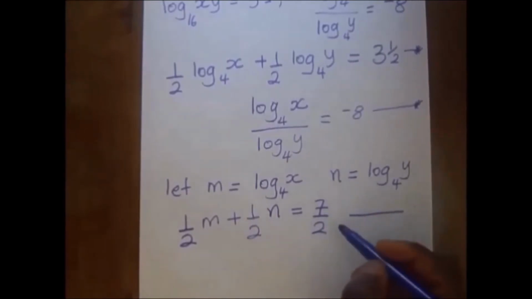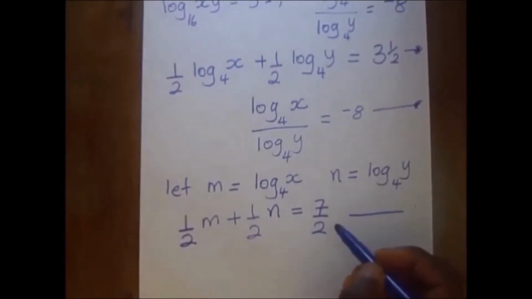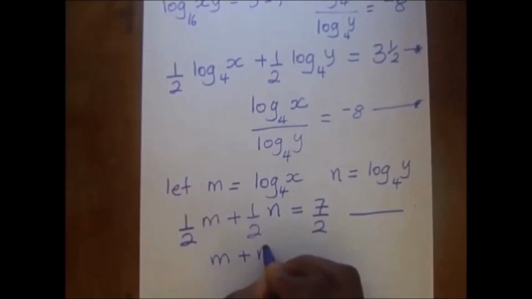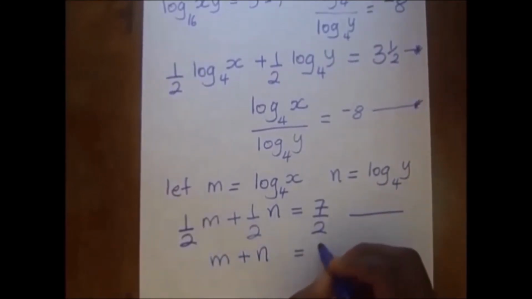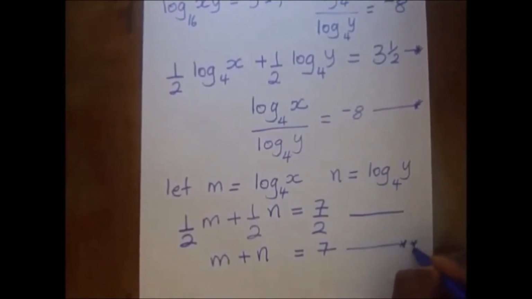So now if we multiply through by 2, we are going to end up with m plus n is equal to 7. And that's going to be our new expression.